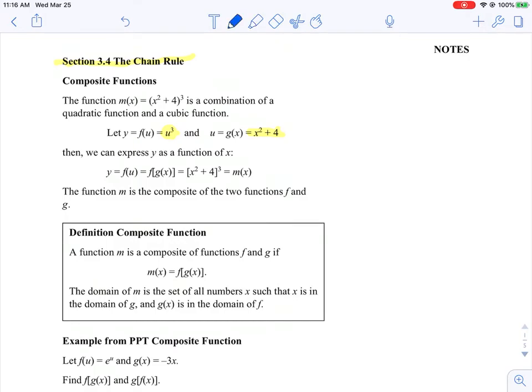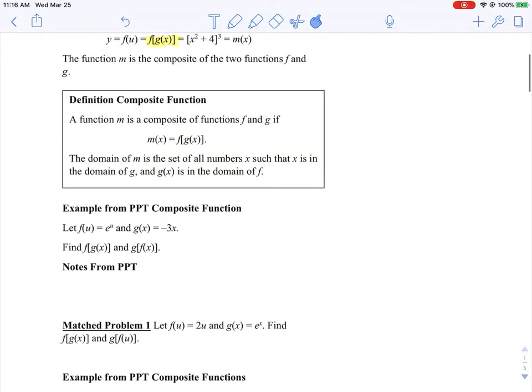And we write composite functions as a function of a function. So for this case, it would be f of g of x. The definition of a composite function is that we have a function of a function.